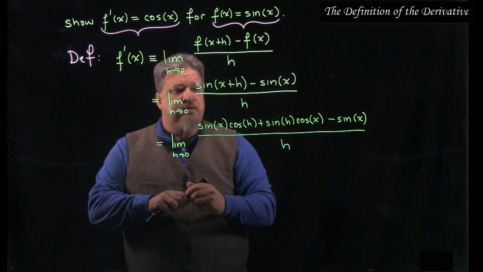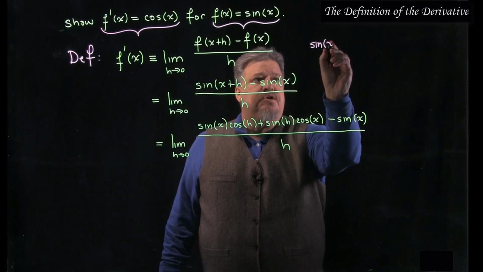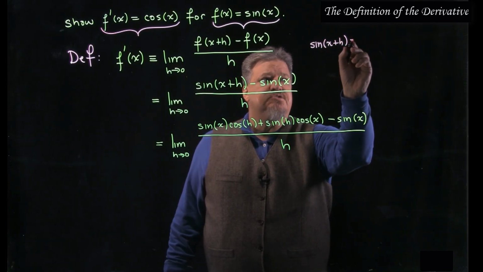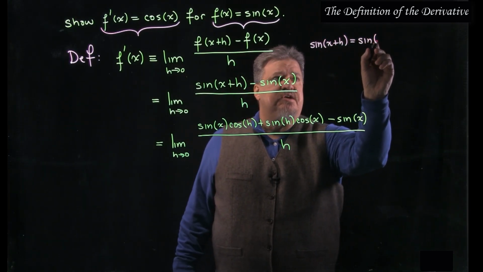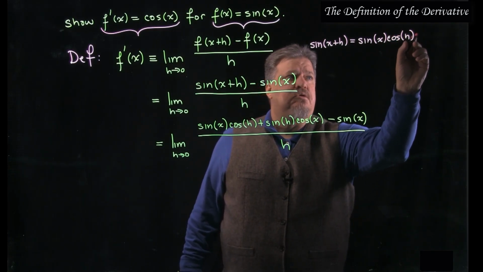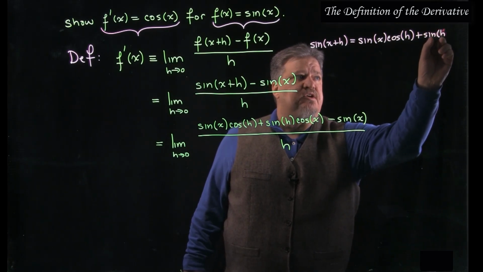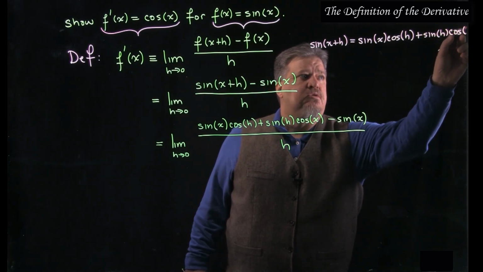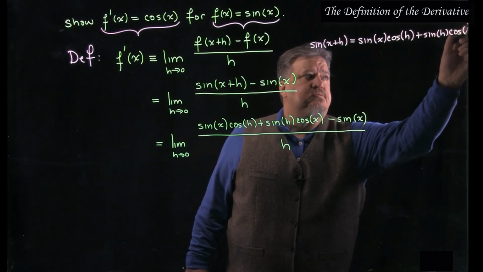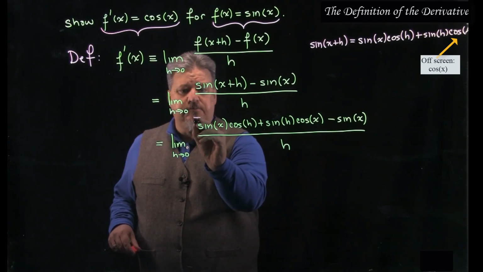Okay, so what we've done, let's go to the side. We know from pre-calculus or trigonometry that the sine of x plus h is equal to the sine of x cosine of h plus the sine of h cosine x. And that's what I used right here.